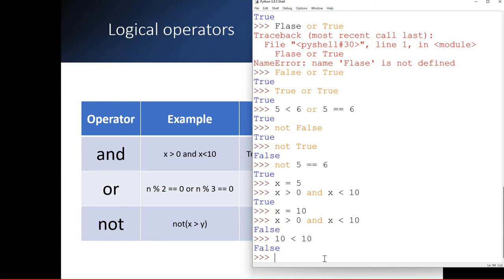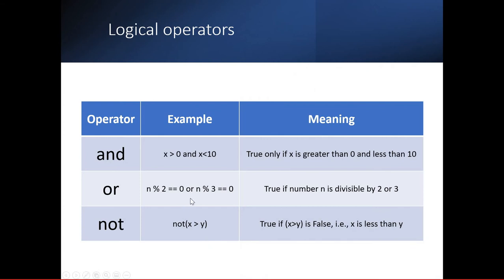Now similarly, the OR operator. In this one we have two expressions. The first one, if you remember, this symbol we have discussed gives you the remainder, the modulo operator. What it means is you divide n by 2 and check whether the remainder is 0.